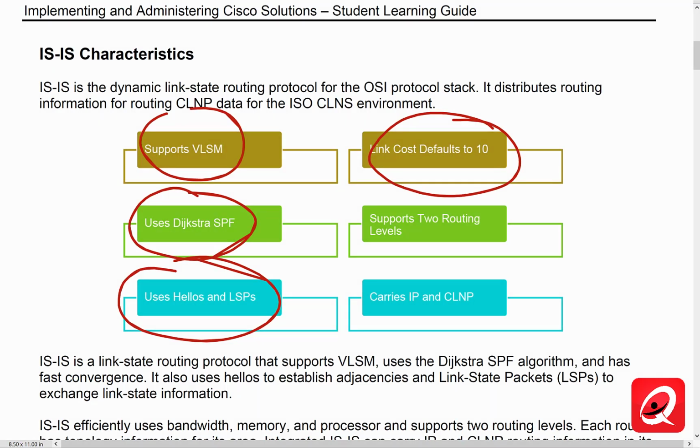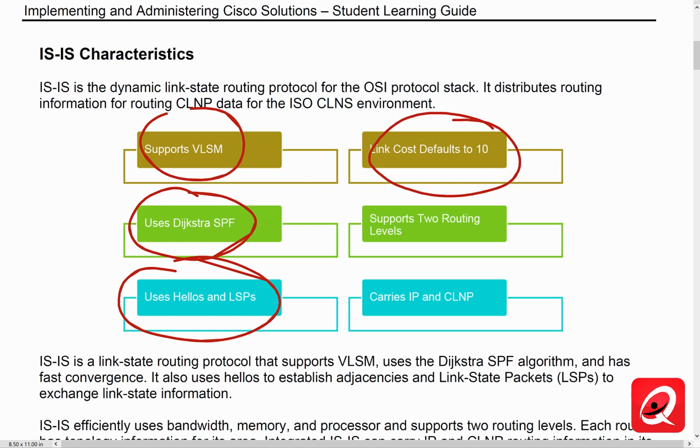This is an interesting concept right here. We do have cost as our metric, much like OSPF uses cost as a metric in its operation. But the cost in OSPF is calculated based on an inverse proportion of the bandwidth of the interface: 10 to the power of 8 divided by the link bandwidth in bits per second. And we round that down to a whole number. We don't use any floating point math in those calculations.